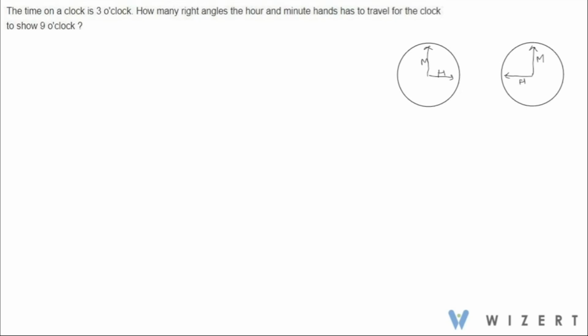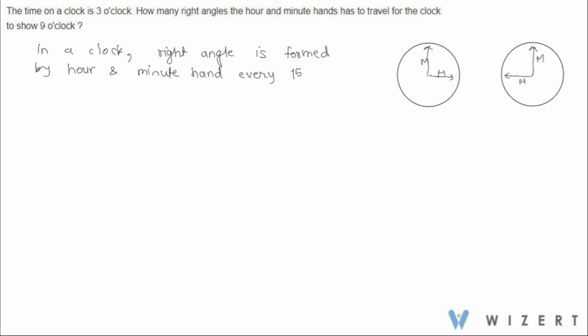So in a clock, a right angle is formed by hour and minute hand every 15 minutes.